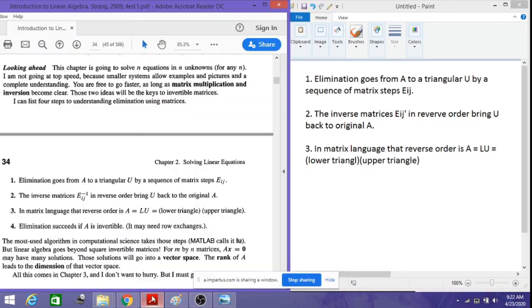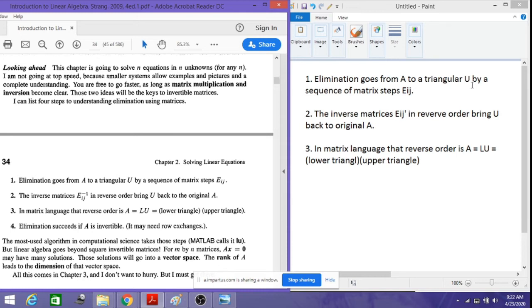The first step is that elimination goes from A to triangle U. It means the coefficient matrix that we have represented as A, we have to bring it into upper triangular matrix form by a sequence of steps, that is Eij.